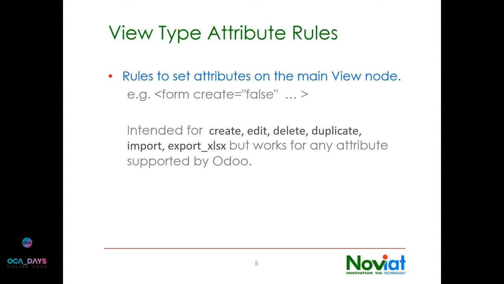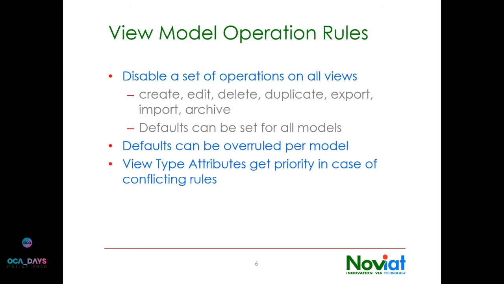You can just file user interface, modify, and make it rule-based. This one works a little bit in pair with the view model operations that Els showed, in the sense that the view model operations are on all views on a certain method. But if you actually want to override it on a specific view, then those get priority.